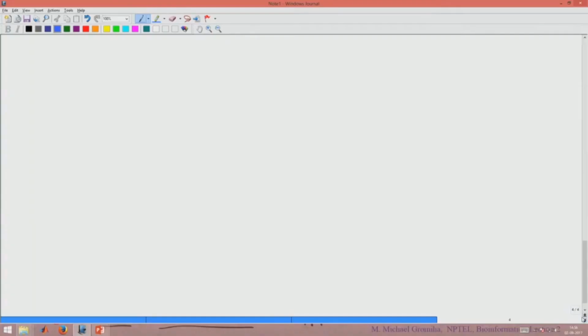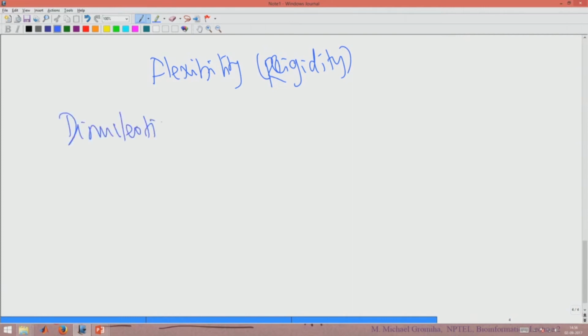Likewise, if we have the flexibility, what to do? Similar way. How to get the flexibility? The same way, or rigidity. Only the same procedure you have to follow; the only difference is that instead of di, you have to move to tri.